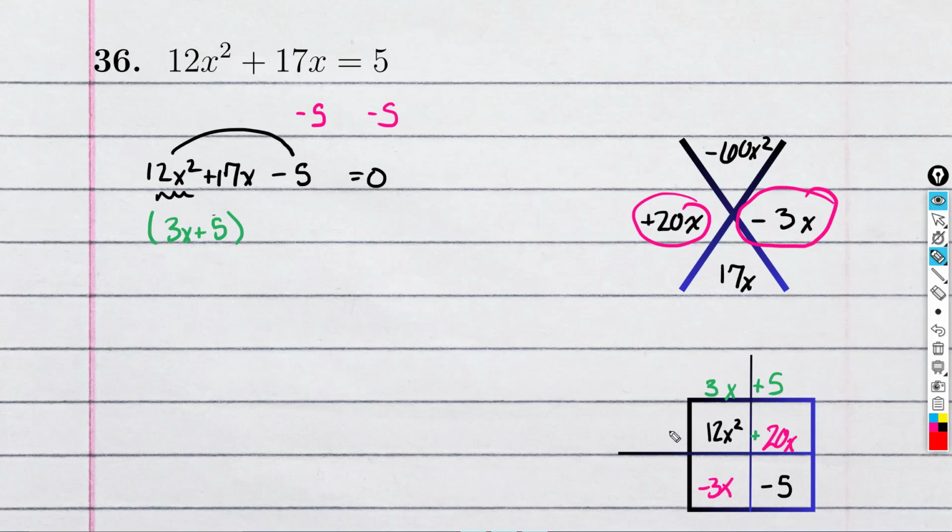So 12 and 20 are both divisible by 4, and there's an x in both. Negative 3 and negative 5 are both divisible by 1 only, and the closest sign is negative, so it's a negative 1. So 4x minus 1, and then that's equal to 0. Now I'm going to set each of the factors equal to 0.